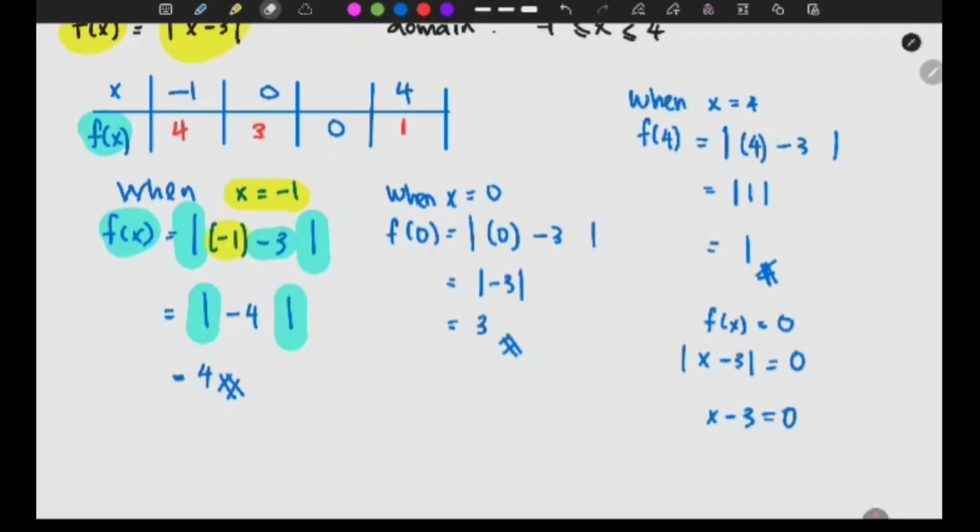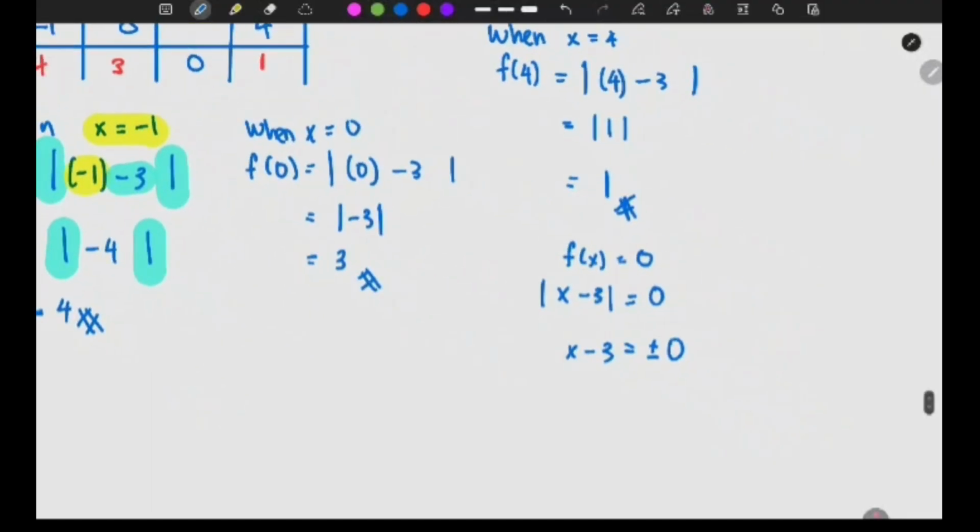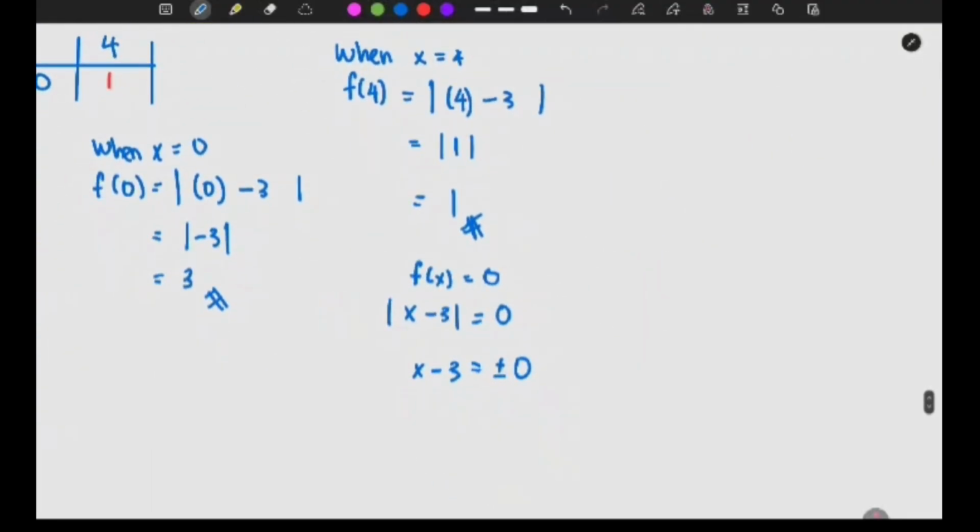Instead of moving the modulus, you're going to move and become plus minus 0. Plus minus 0 means it can be positive 0 or negative 0.